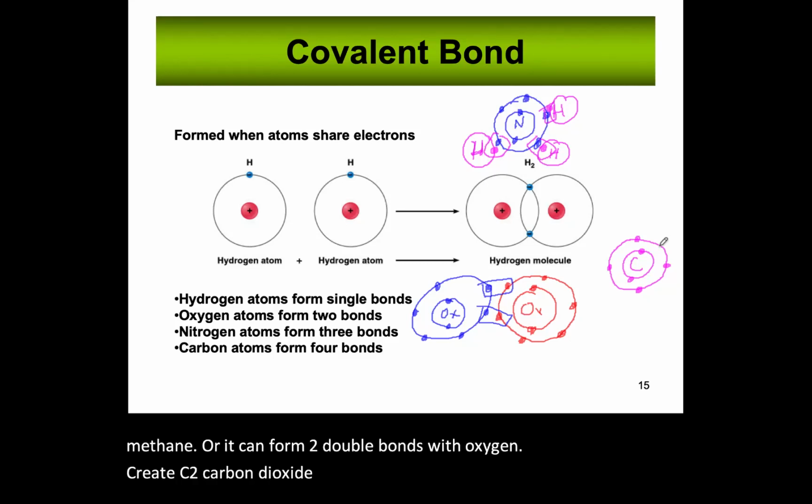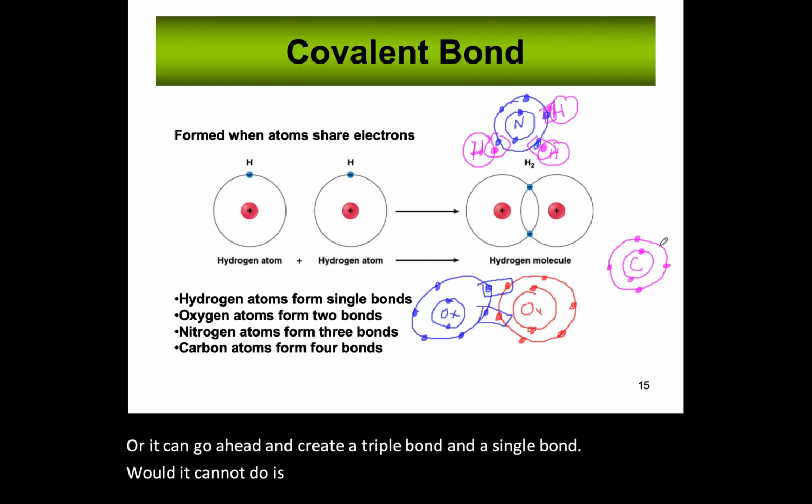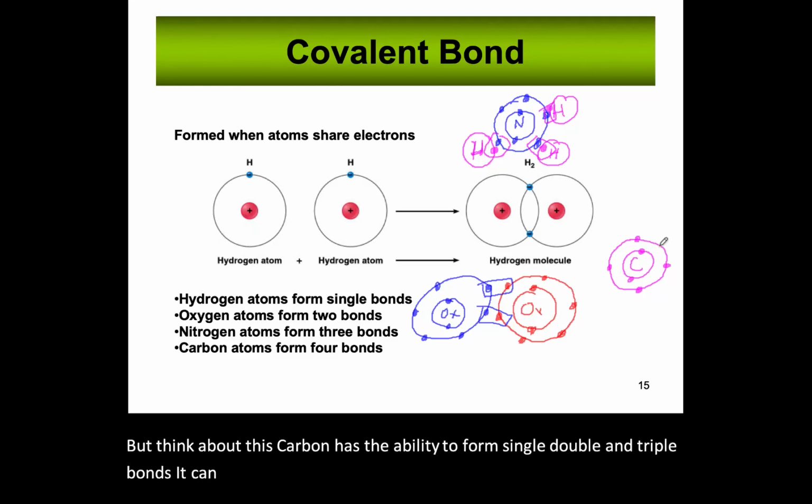Or it can go ahead and create a triple bond and a single bond. What it cannot do is form a quadruple bond. But think about this. Carbon has the ability to form single, double, and triple bonds. It can form 1 double bond and 2 single bonds. It can do 4 single bonds. It can do a triple and a single.